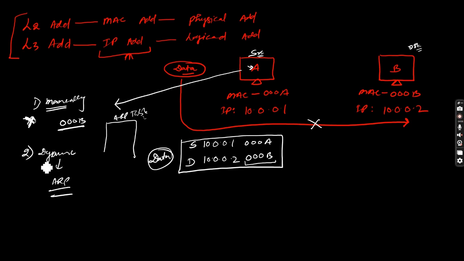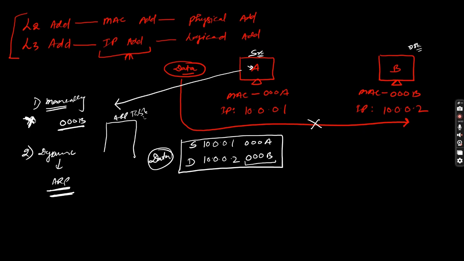What we do is go for the dynamic way by using the Address Resolution Protocol. ARP is basically used to learn the MAC address of a destination device by using its IP address, in simple terms, and then only you will be able to perform the transportation of your data here.